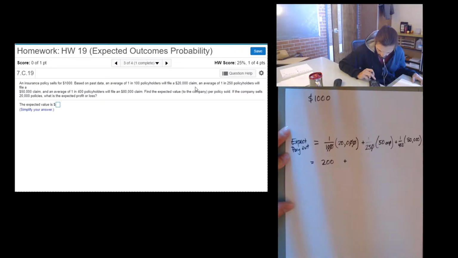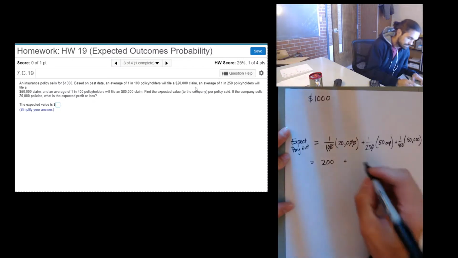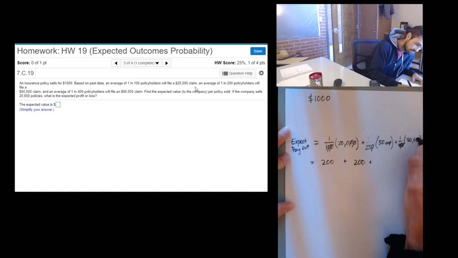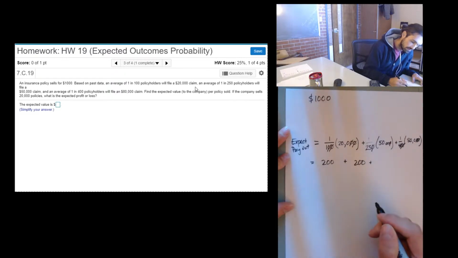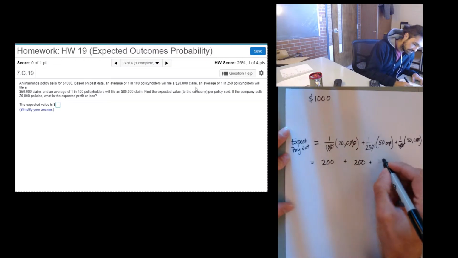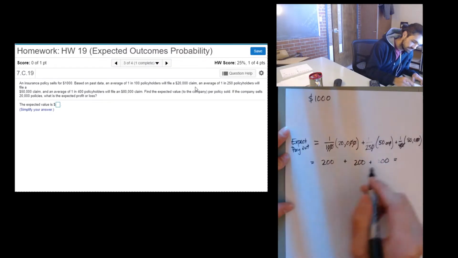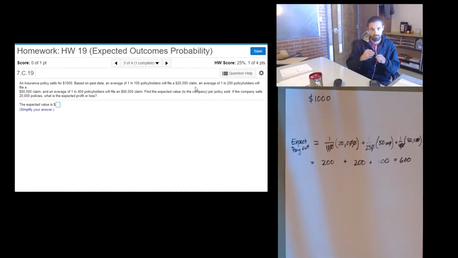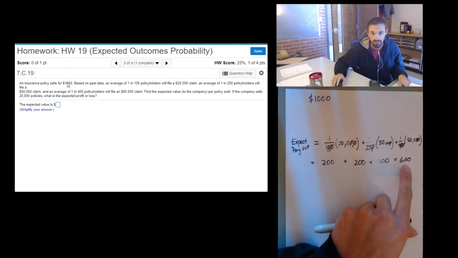Did I do that right? 200. Cast out zeros. 1, 2, 1, 2. I have 800 over 4. So that'd be 4 over 2, so that'd be another 200. 2, 4, 6. Okay, so the expected payout for each policy sold for $1,000, we expect to lose $600 from people filing claims.